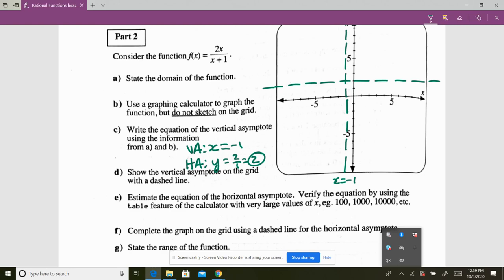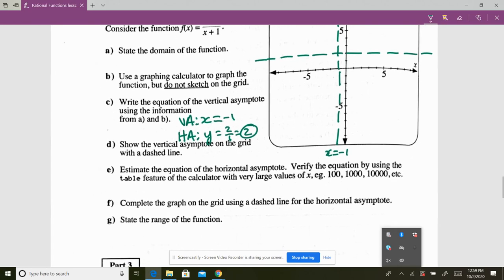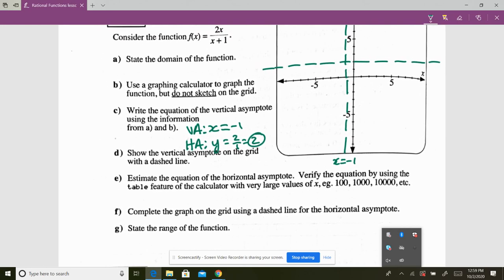Let's do the y-intercept. That's when x is 0, right? If I put x is equal to 0 in this thing, what do I get? 0, right? Because the top becomes 0, the bottom becomes 1. 0 divided by 1 is 0.